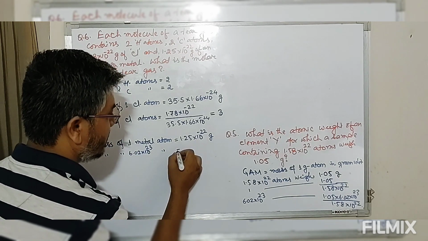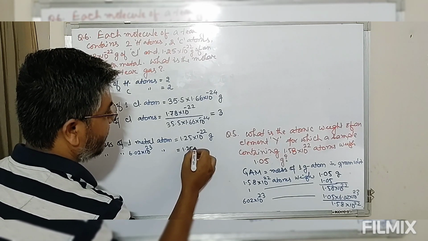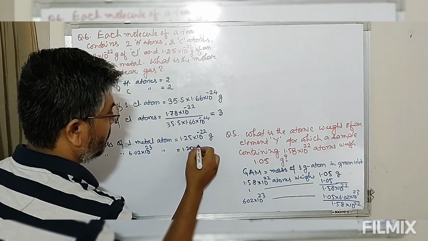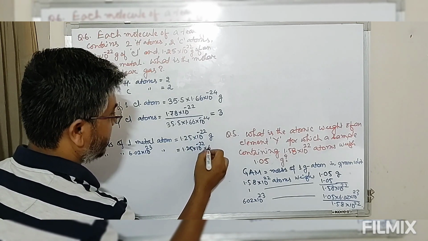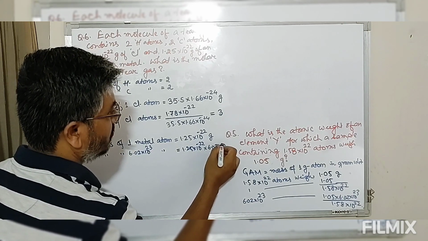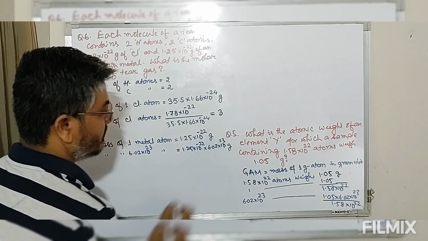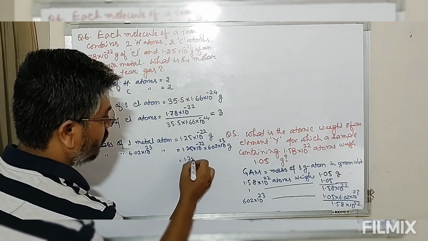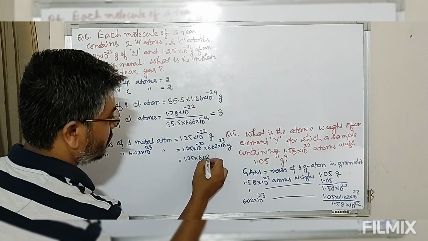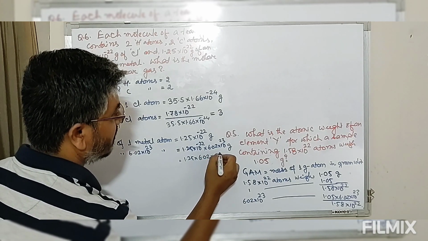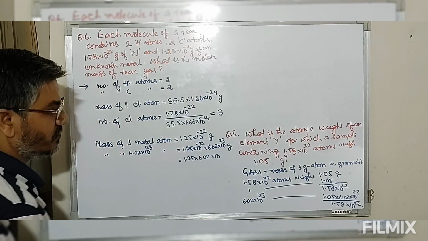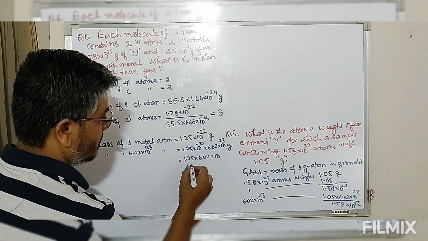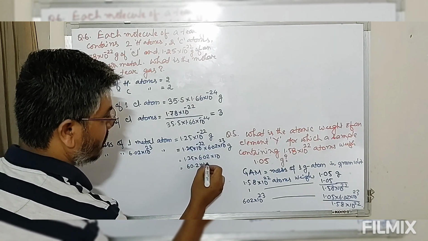So therefore look at this, 1.25 into 10 to the power minus 22 into 6.02 into 10 to the power 23 gram. So this is 1.25 into 6.02 into 10 to the power 1. So we have 60.2 into 1.25.